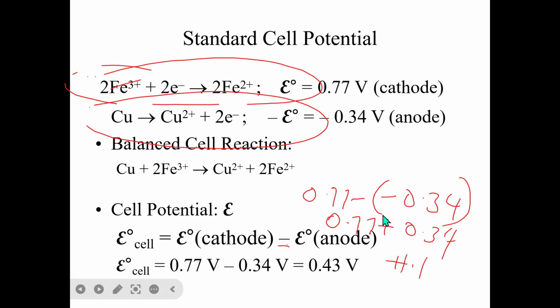So after we add this and this, then of course we are going to get a value of plus 1.1, I think. Let me see. Let me add it and see. So we have 0.77 plus 0.34.